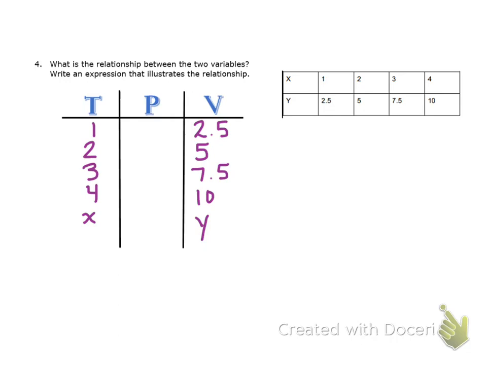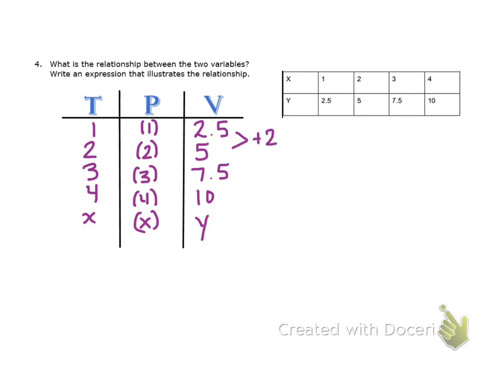Step 1 is to always write your terms in the process column in parentheses. Once we do that, if our x's, our terms, are in consecutive order, then we can find the relationship or the change in y. So I'm going to look at my values. How do you go from 2.5 to 5?